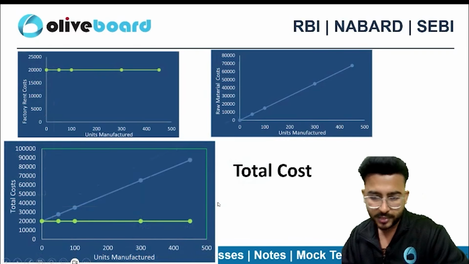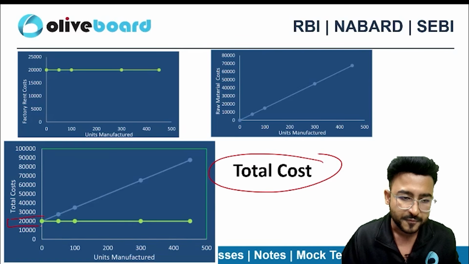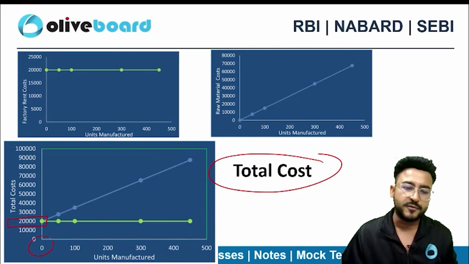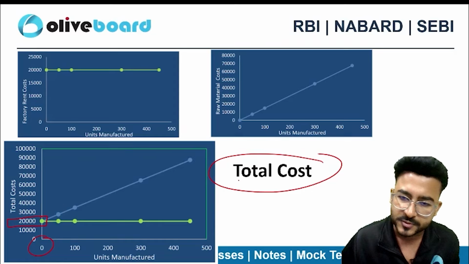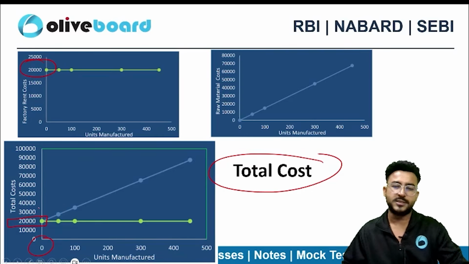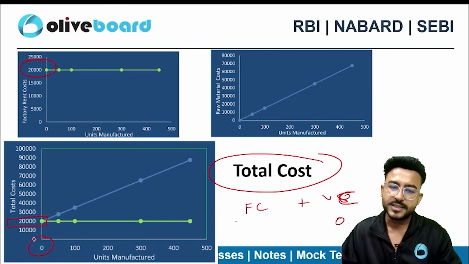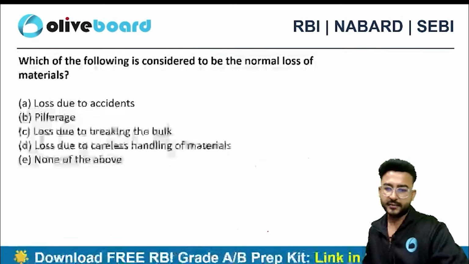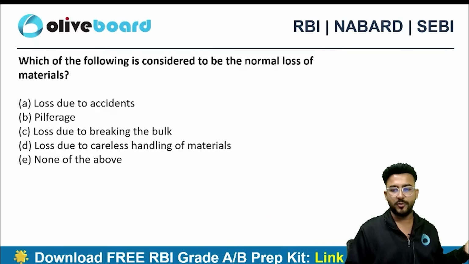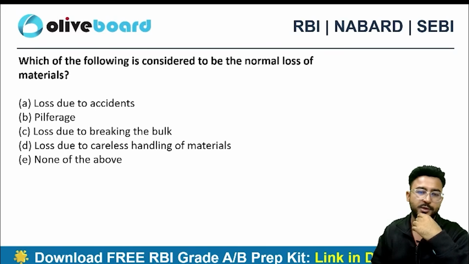Total cost will always start from the fixed cost irrespective of the fact that you are producing 0 units. Why? Because even if you produce 0 units, you have to at least incur fixed cost. That's why total cost के अंदर आपका वेरिएबल कॉस्ट वाला कंपोनेंट जीरो भी हो गया, still there will be some fixed cost component. That's why total cost can never be zero, right? Because you have variable cost, you have fixed cost as well to cover.